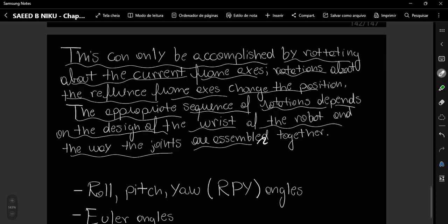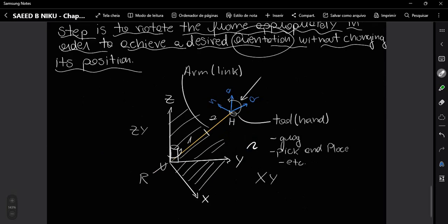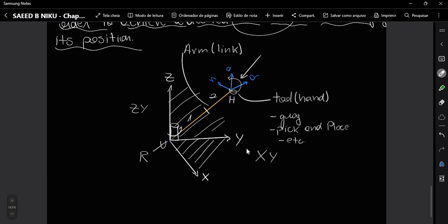In this example, I think maybe it doesn't even apply right here, because what we want to do again is a rotation on this moving frame, which is attached to the hand of the robot.